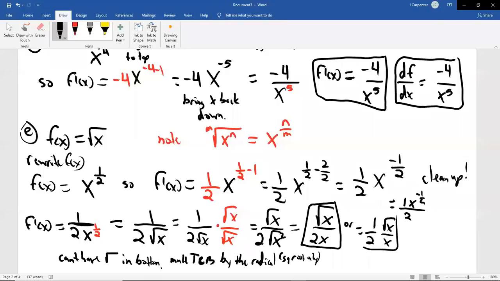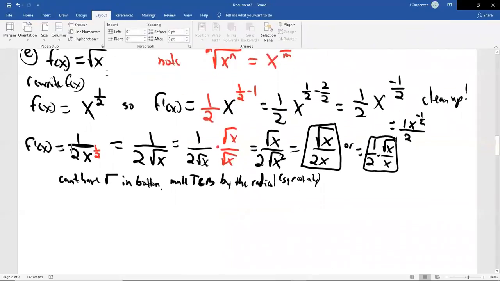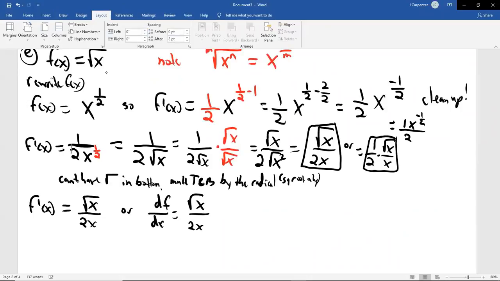Both of those are acceptable formats. So f prime of x with the notations, I like the first one better personally, is square root of x over 2x, or df dx is the square root of x over 2x.